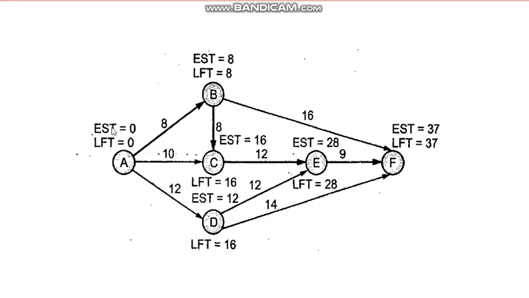This information is provided at every node: at A, at B, at C, on the top and on the bottom, at D here and here, at E up and down like this, and at F also. How many in total? There are 6 nodes, and at the 6 nodes we have provided this information of EST and LFT, earliest start time and latest finish time. Some values are also given.